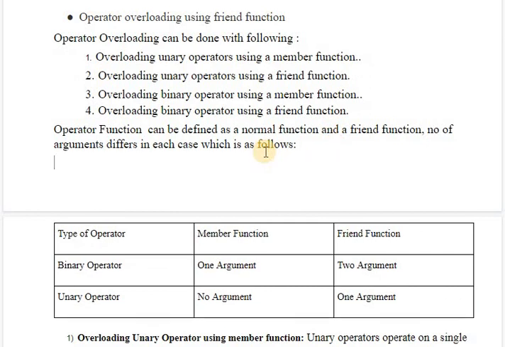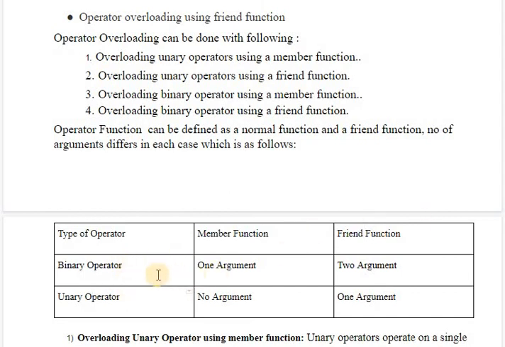In this table I have taken two types of operators. Although we have three types, the third type is the ternary operator, wherein we have three operands. So we can write operator overloading for binary as well as unary operators. When we write an operator function as a member function, what happens in the case of unary and binary? This table defines that behavior.